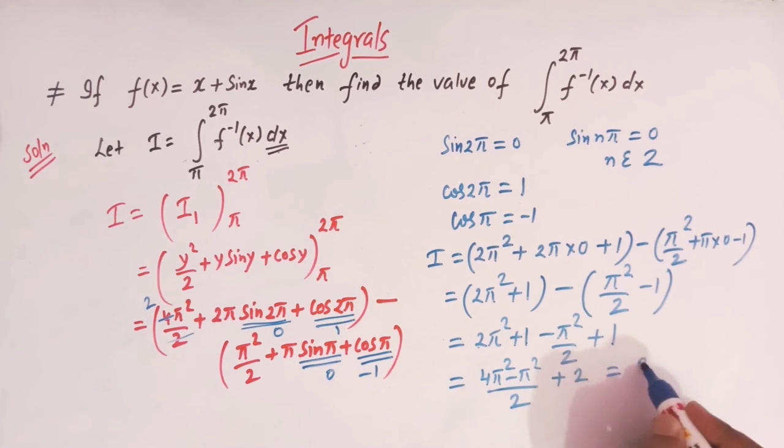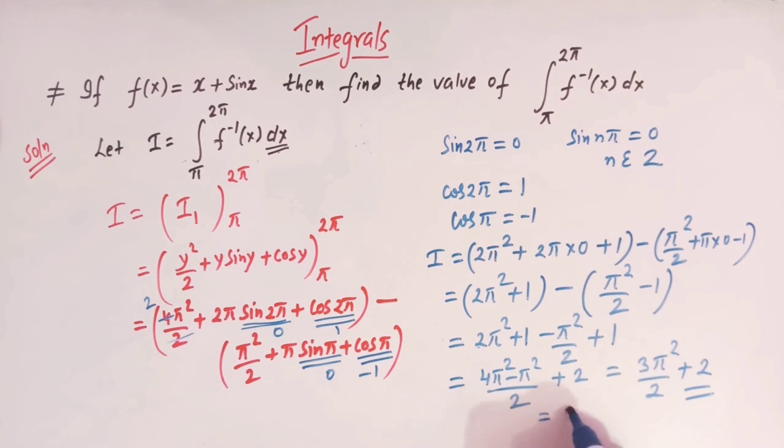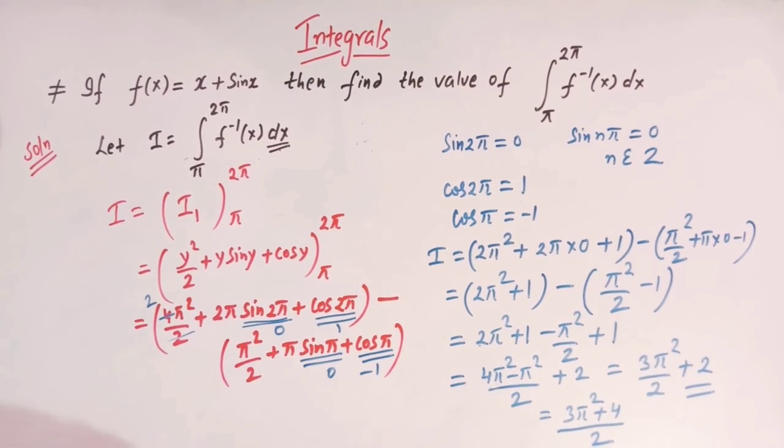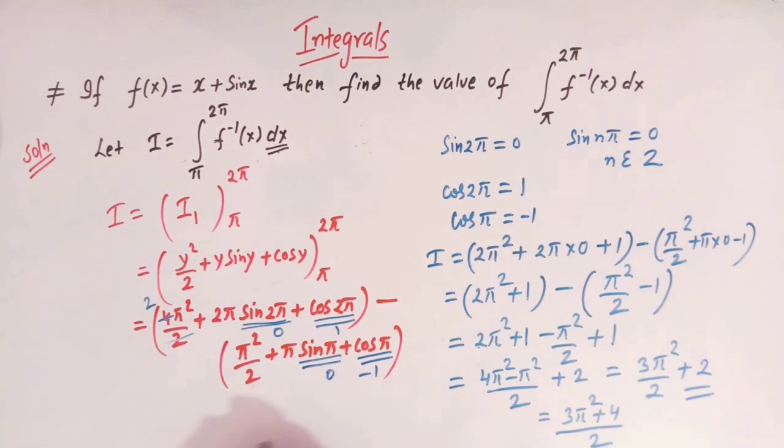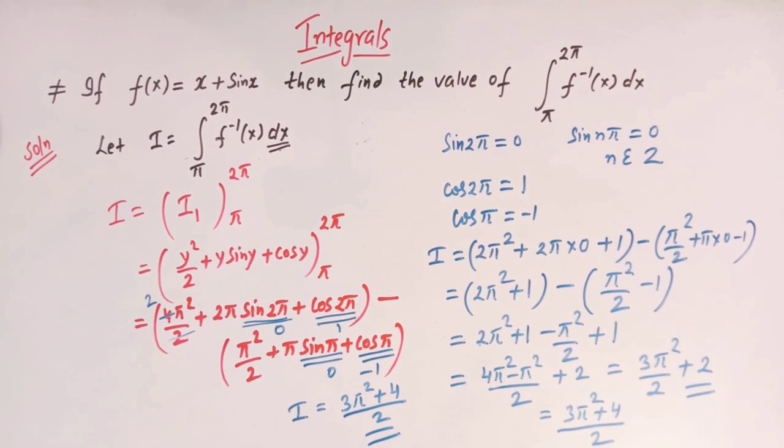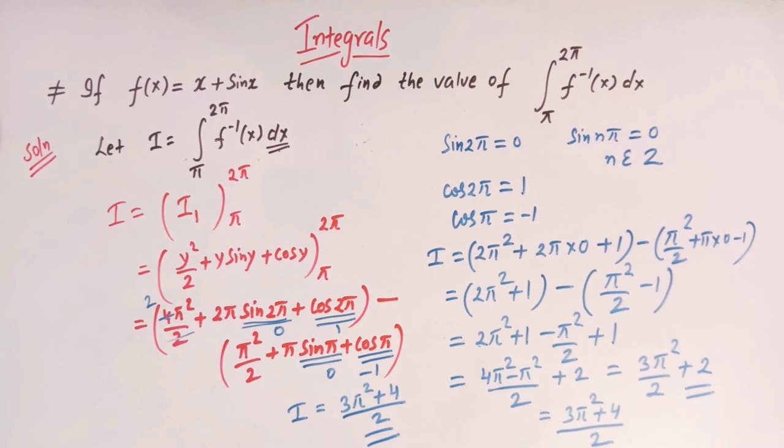So we have 3 pi square over 2 plus 2, right? Or we can also write it as 3 pi square plus 4 over 2, right? So viewers, the value of this integral is equal to 3 pi square plus 4 over 2, right? So this is how we can solve this type of problems.